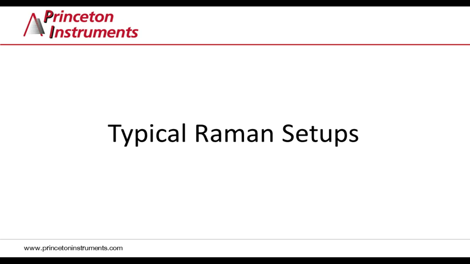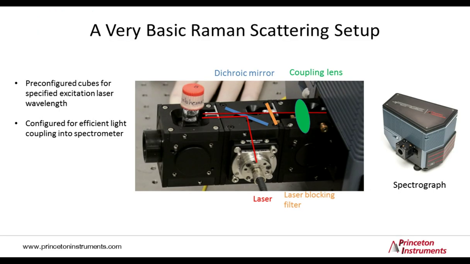Having seen the components of a Raman system in the previous section, let's look now at a few use cases showing Raman setups. First, let's look at the basic Raman system based on the Princeton Instruments Fergie spectroscopy system.